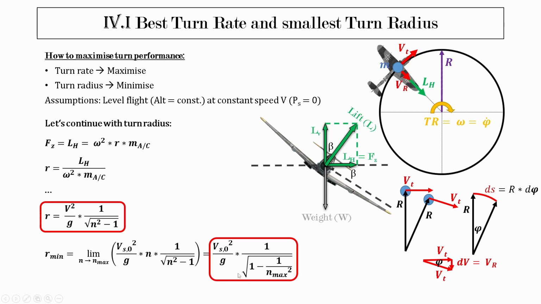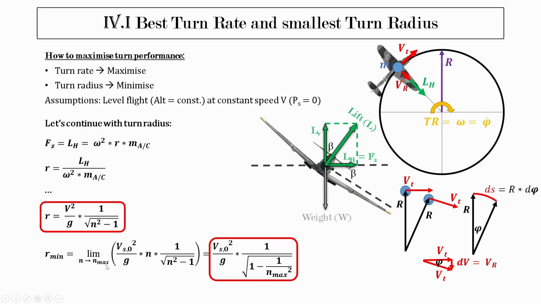Well, if this part here in the denominator becomes the largest, because the larger the denominator is, the smaller the overall value R. So what if we were to plug in infinity here? If we plug in infinity here, this part would go to 0, and we would just be left with Vs0 squared over g, because overall that would go to 1.